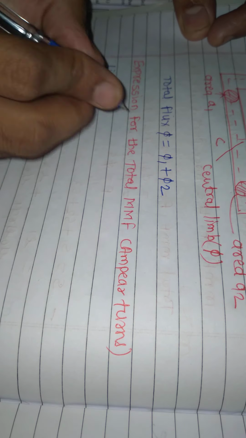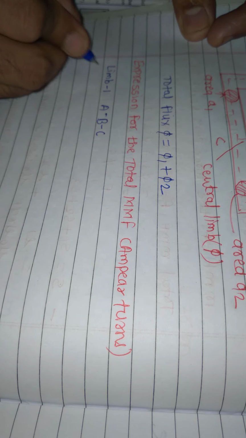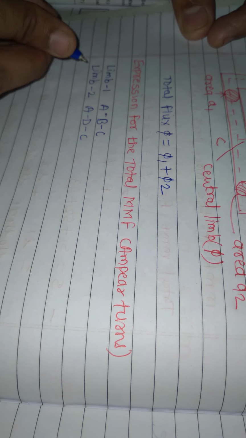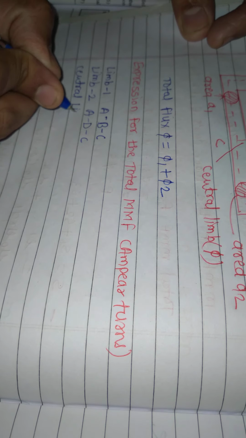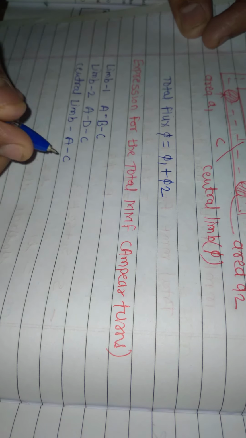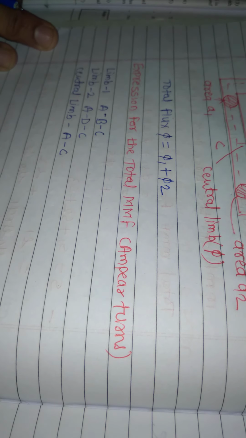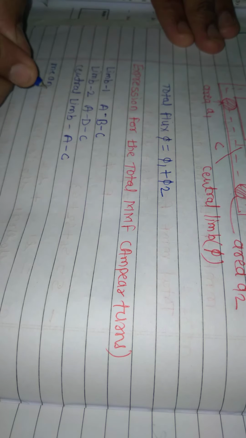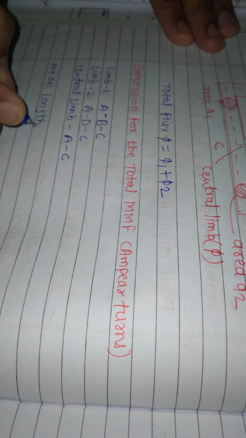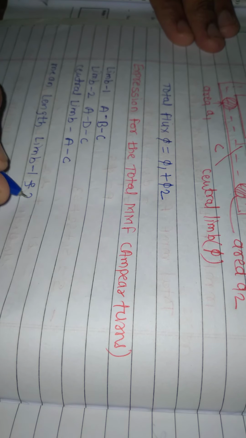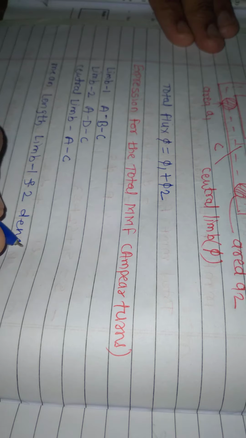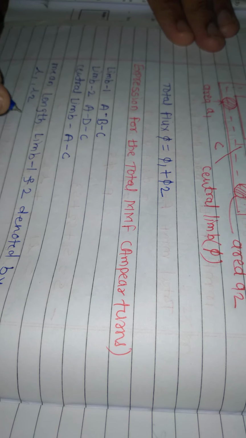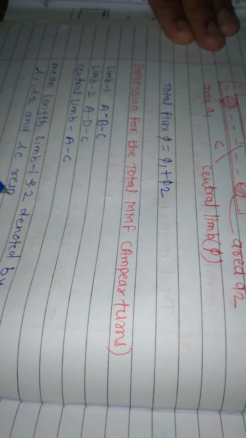Limb first A to B to C, limb second A to D to C, and central limb A to C. Let the mean lengths of limb 1, limb 2 and the central limb be denoted by L1, L2 and LC respectively.